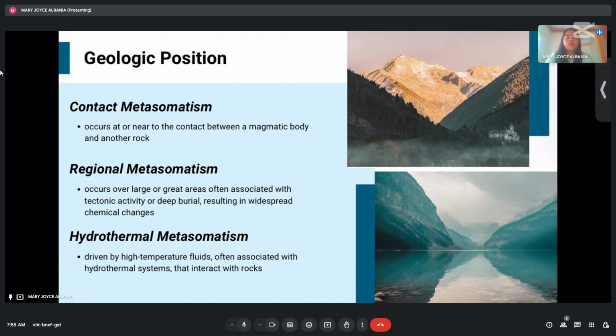An example is that regional metamorphism can lead to the formation of metamorphic rock like schist. Next, we have hydrothermal metasomatism. This type can be driven by high-temperature fluids, often associated with hydrothermal systems that interact with rocks.